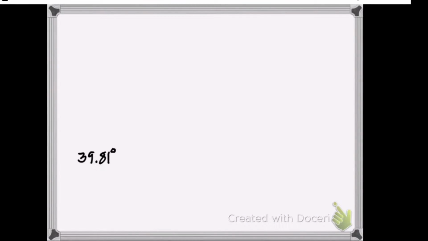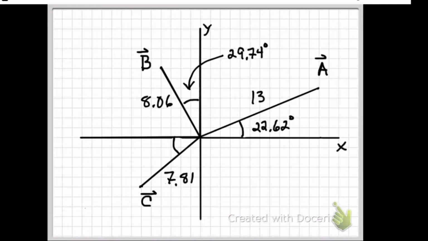The angle that vector C makes with the negative x-axis is 39.81 degrees, and we'll put that right in here. So 39.81 degrees. So we have our three vectors. We know the angles that they make with various axes, and we know their magnitudes.